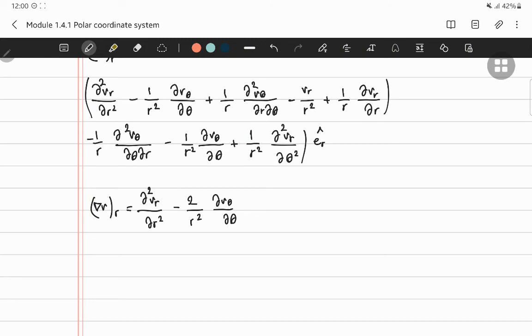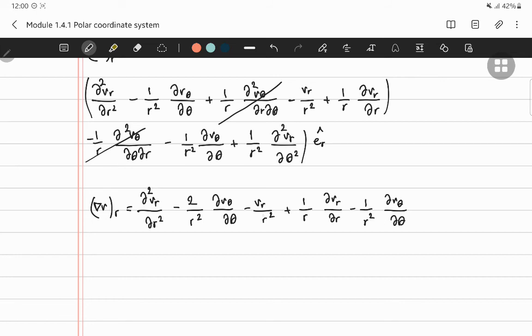Then this one cancels out with this one. Minus VR divided by R squared. Plus 1 divided by R, partial derivative of VR with respect to R. Minus 1 divided by R squared, partial derivative of V theta with respect to theta.